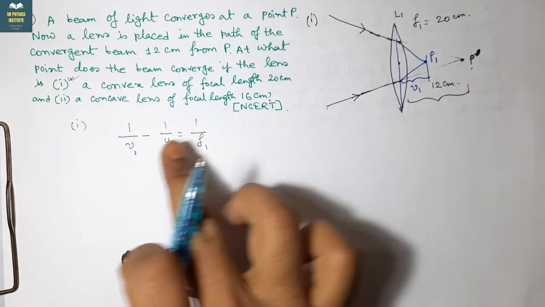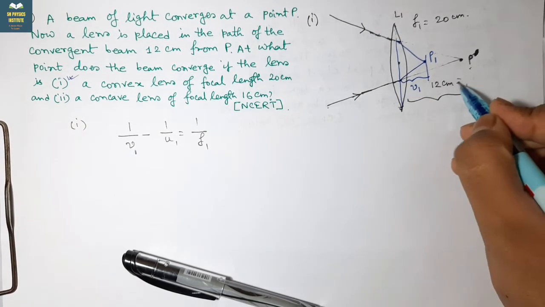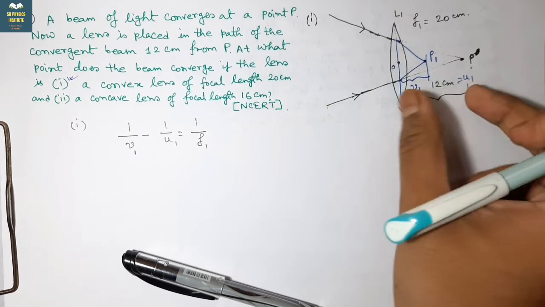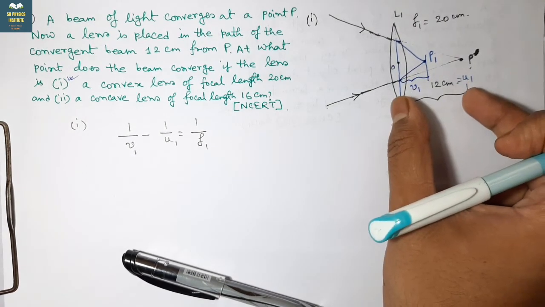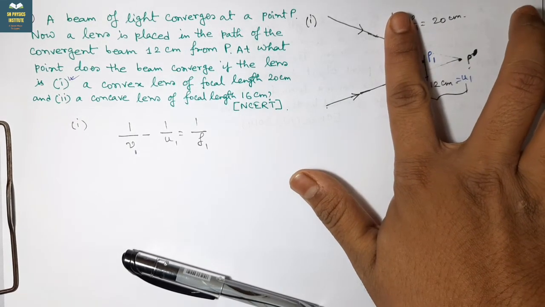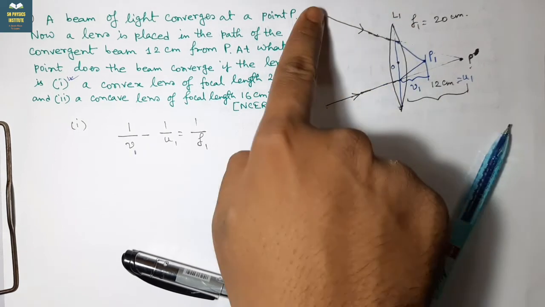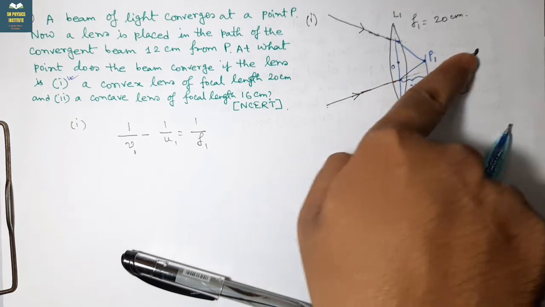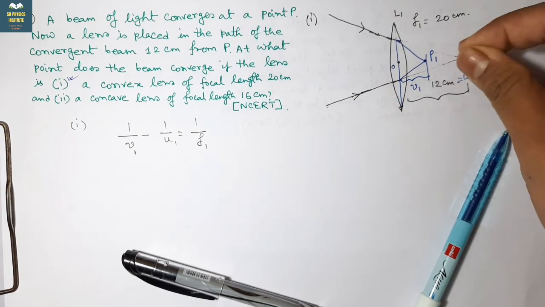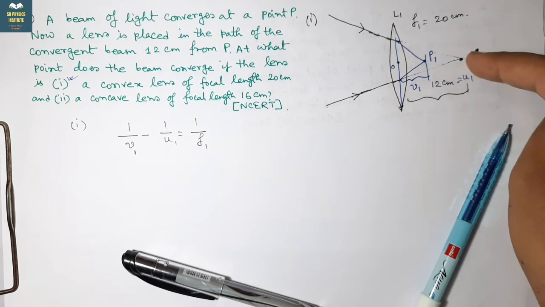Now what is U1? This distance, from P to the optical center of the lens, is your U1. Why? Because if the lens is not kept here, this convergent beam would meet at P point. So this P point is acting as the virtual object for this convex lens.